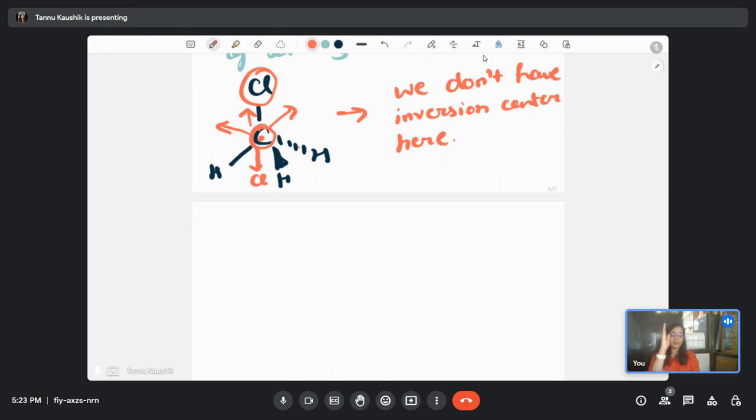And now we will be checking for the improper axis of rotation.